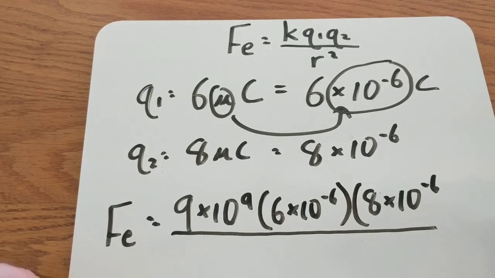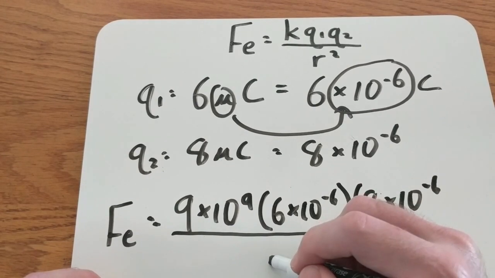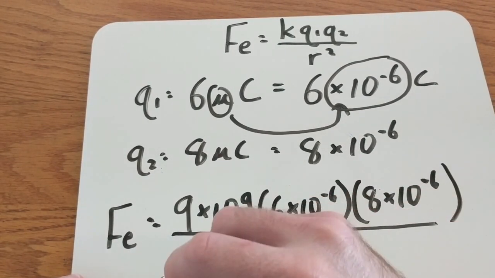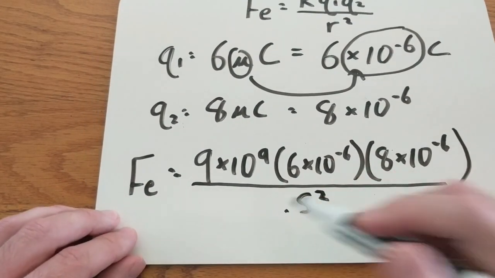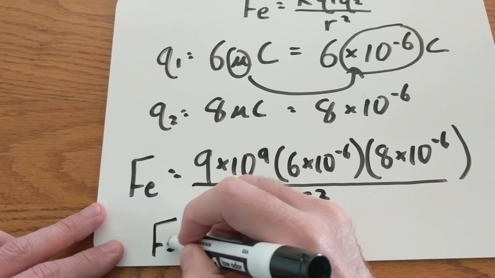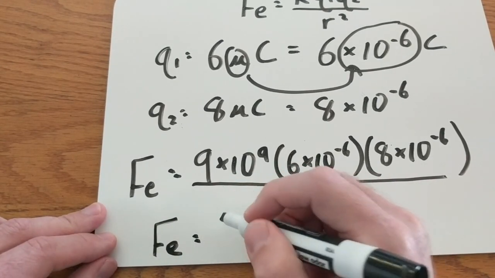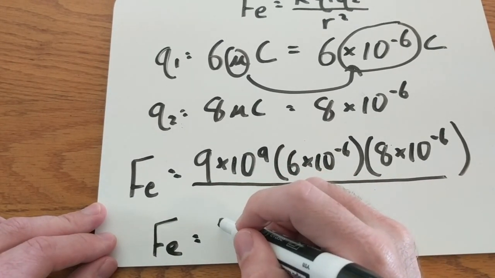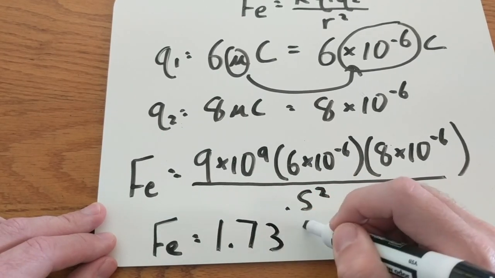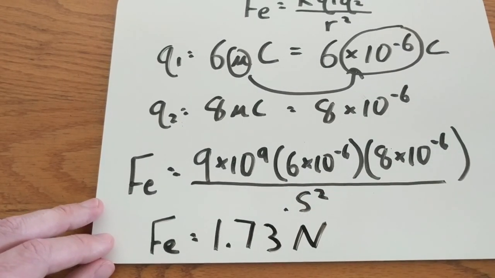Distance between them is just 0.5. Remember, that's squared. All right, and then we go to our calculator. Okay, and our calculator gives us Fe equals electric force between them. In other words, how much they're pushing or pulling is 1.73 newtons. Okay, that's a magnitude.